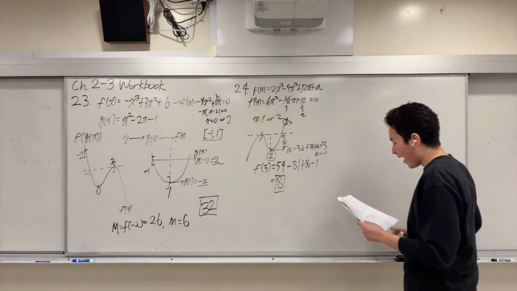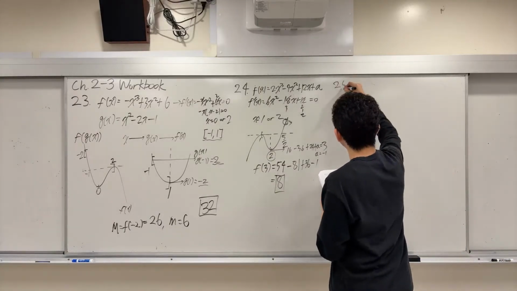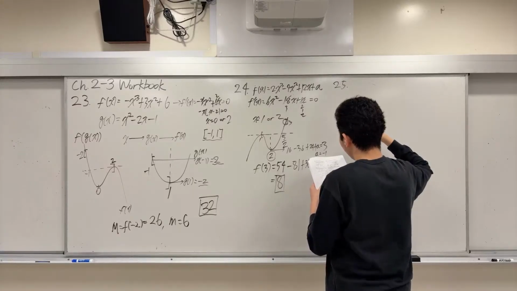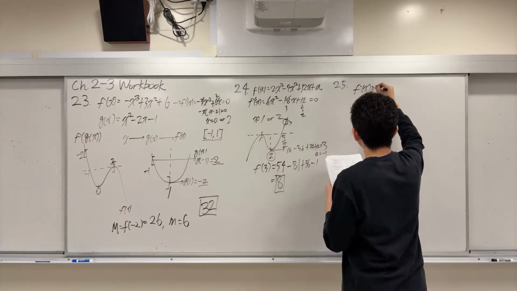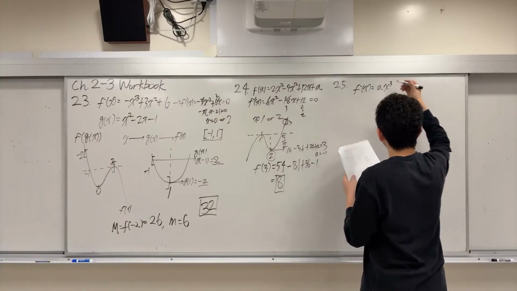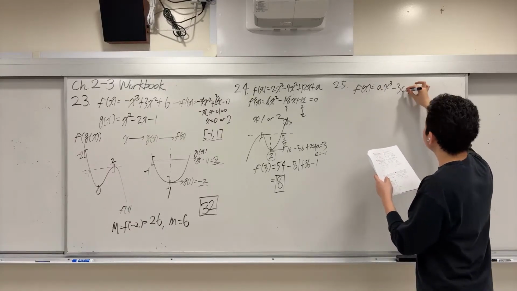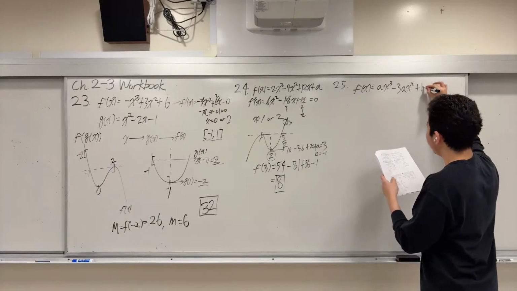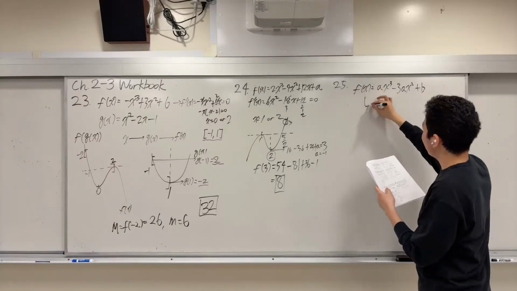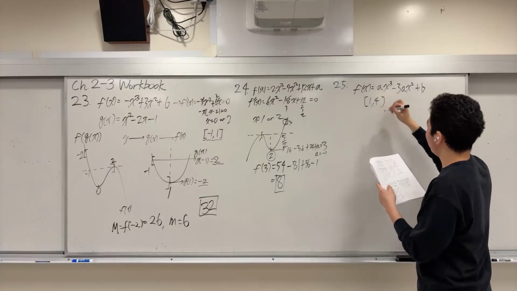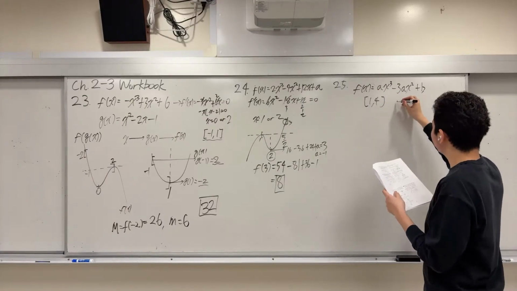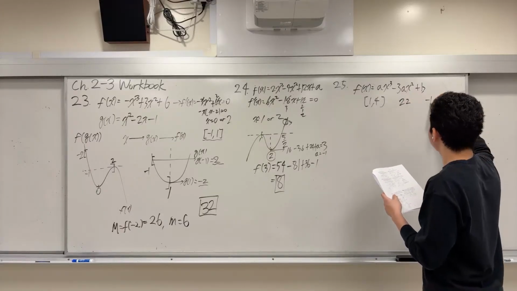Number 25 says the maximum and minimum values of cubic function. So we got ax cubed, so that means we don't know our coefficient yet. 3ax squared plus b on the closed interval 1, 4, are 22 and negative 18.